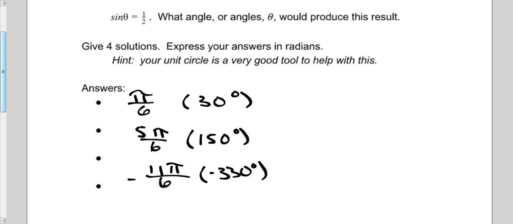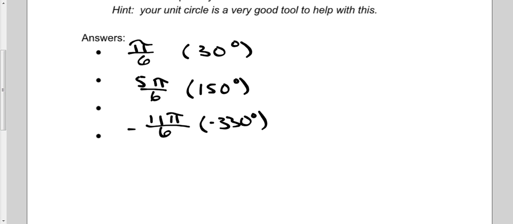And then lastly, how about a coterminal angle in the negative direction for 5 pi over 6? What would that be? It'd be negative, right? This is 1/6 less than pi, right?